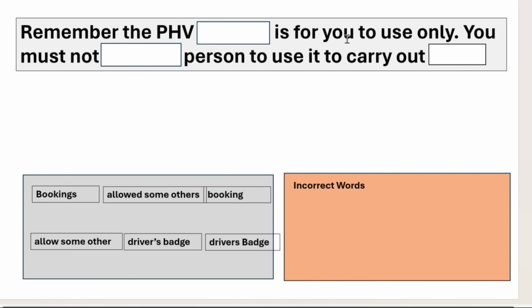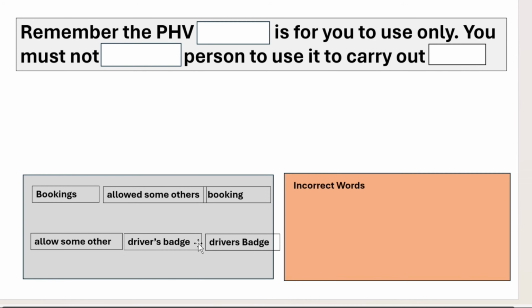So it should be something that we can use. We can't use bookings, we can't use a load some others, it's not possible to use. So there we have what we can use: this is driver's badge.